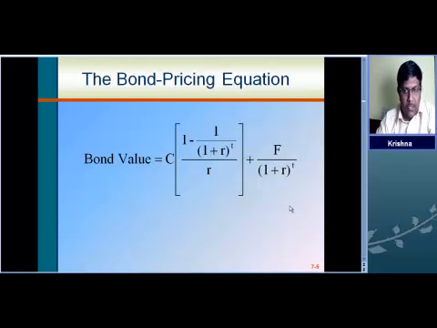That is the discounting rate we are using. YTM is used as the discounting rate here. Plus F divided by (1 plus r) whole power t. That part is equal to the present value of the redemption value of the bond at the maturity period.